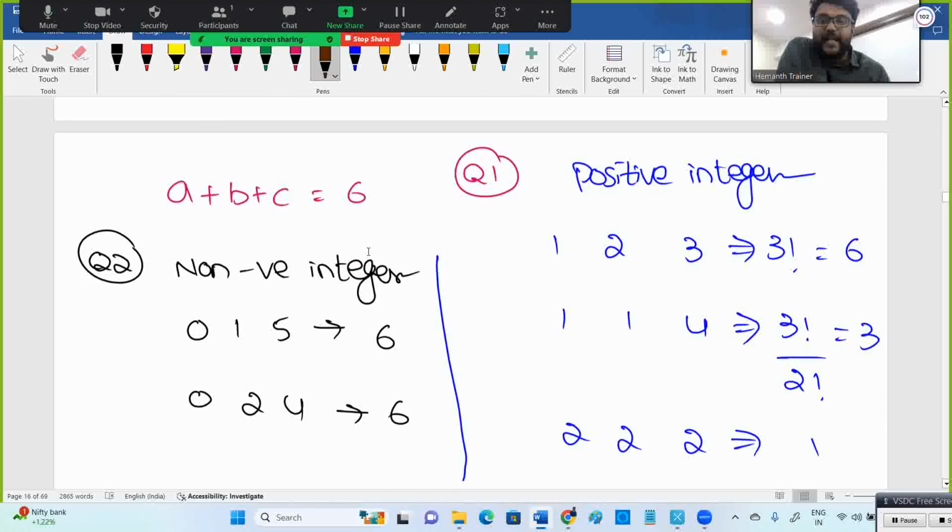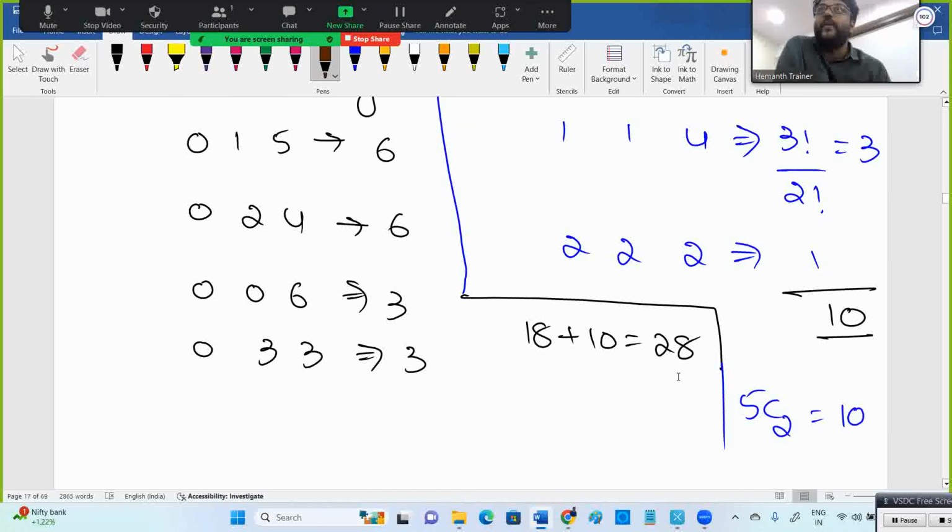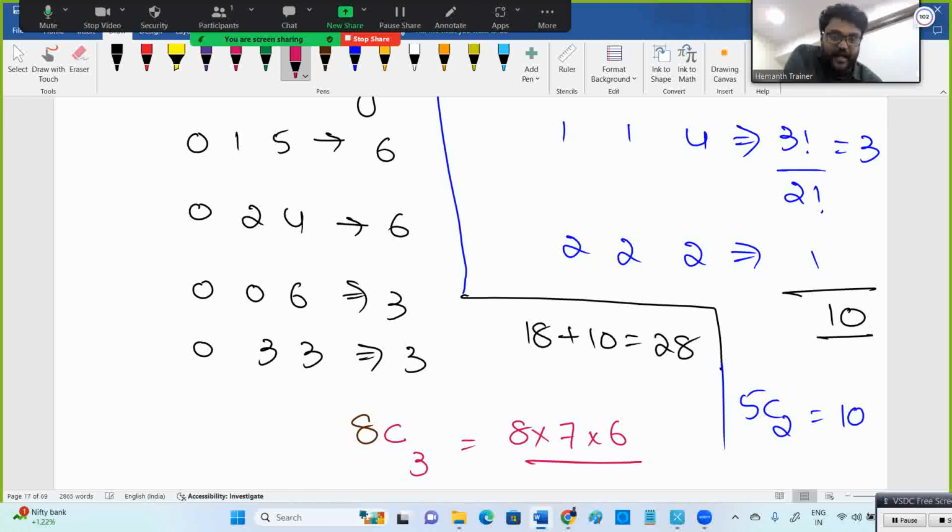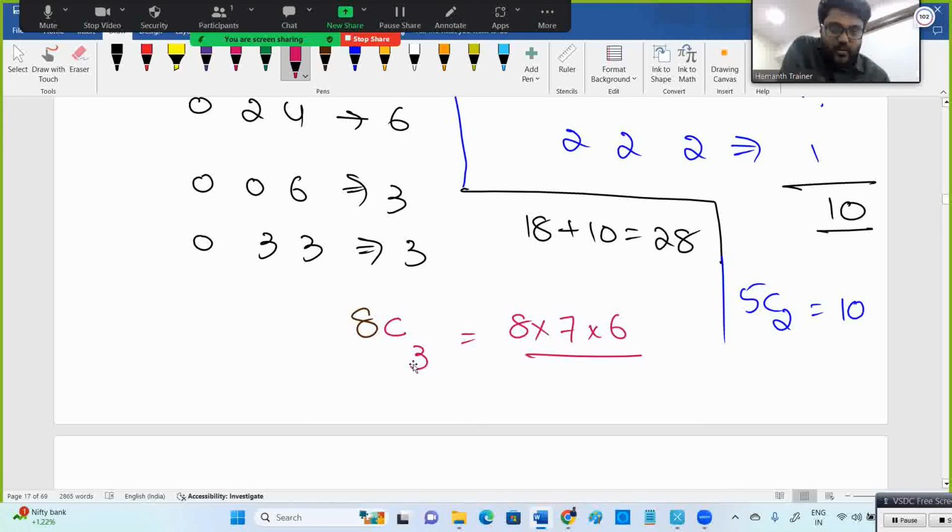Okay, then for non-negative, what we got answer already? 28. N plus r means n is 6, r is 3. 6 plus 3, 9. 9 minus 1, 8. 8C3. 8C3 means 8 into 7 into 6 divided by 3 factorial. Okay, so one moment. Yeah, 6, 6 cancel, 56.